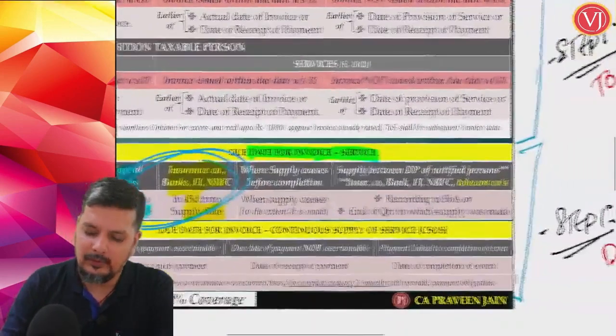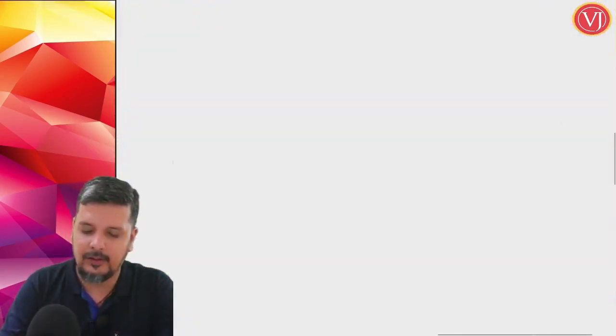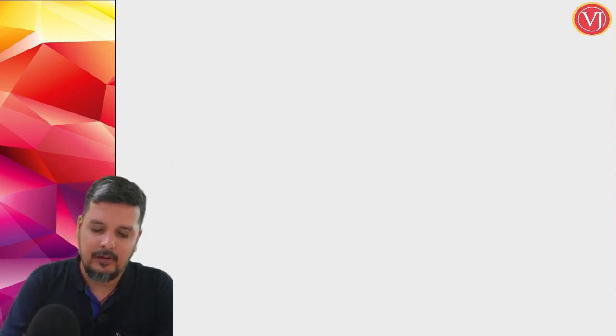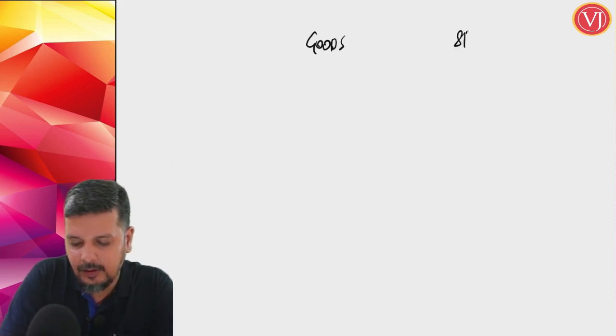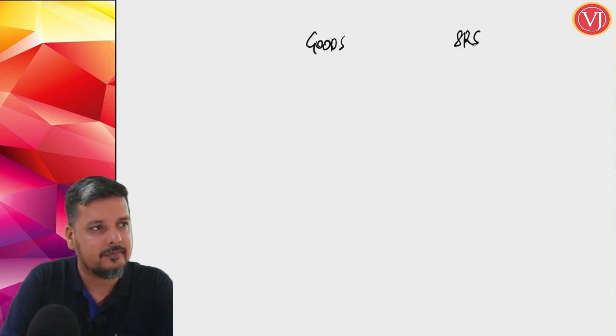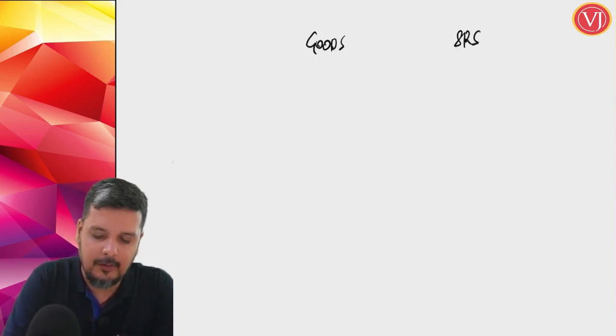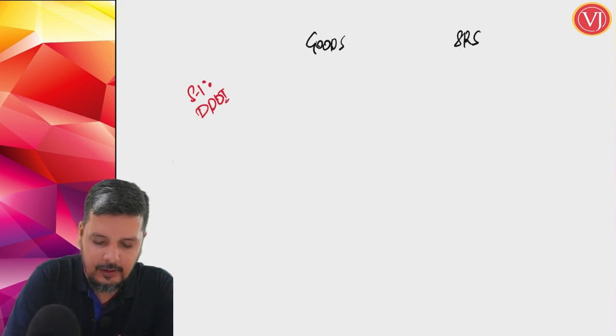Now, this is the first step, finding out due date of invoice. When you're finding out due date of invoice, be it for goods or be it for services, what is your step number 1? Due date of invoice.